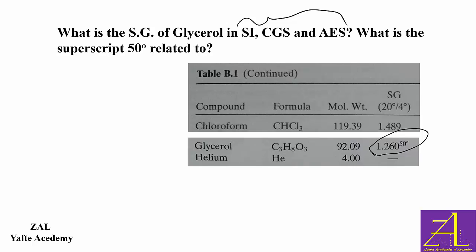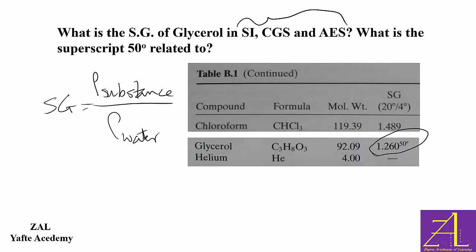That's because when we define the specific gravity, we defined it as the density of the substance, in this case glycerol, over density of water. Temperatures for these densities are defined. Look at the heading of this table. It is 20 degrees. It means that this density should be at 20 degrees and water should be at 4 degrees. There are some exceptions in case the data is not available. Those exceptions are specified in the table.